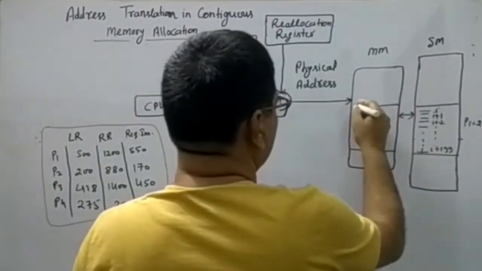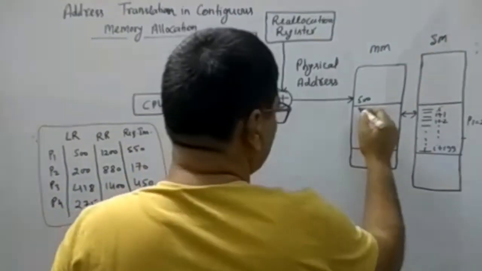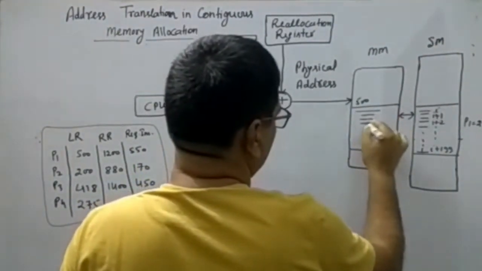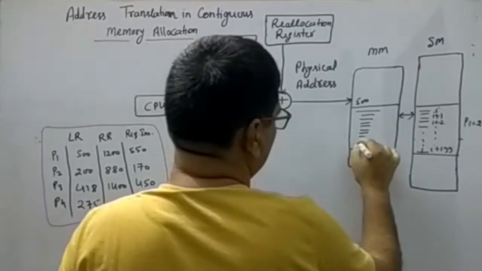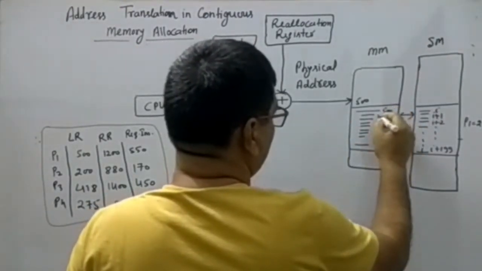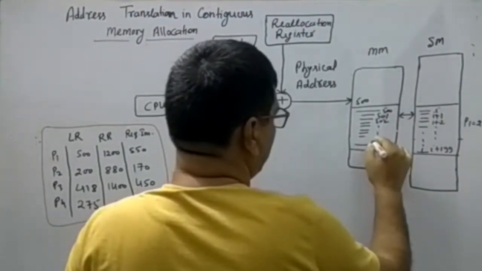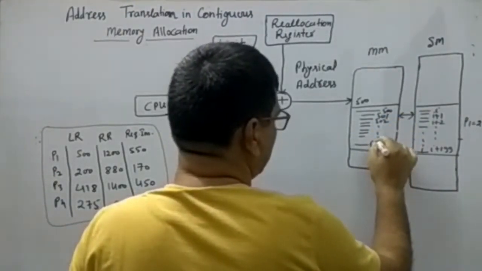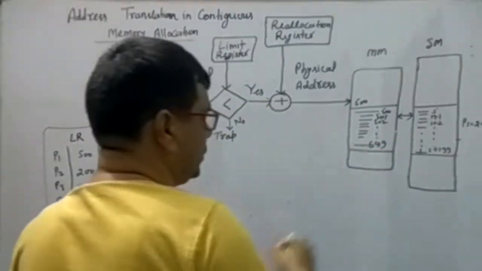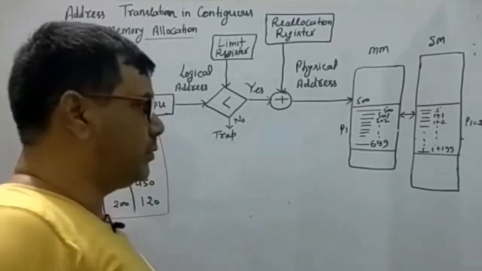Let it be transferred to address number 500. Then it will occupy 500, 501, 502 and so on, up to 699.